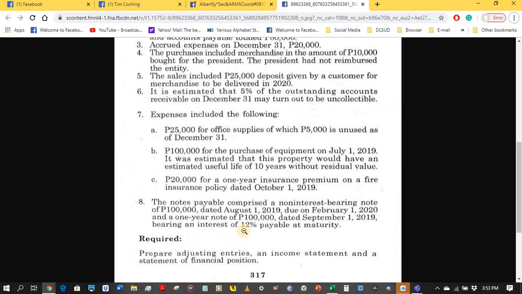So, since yung 12% na note starts on September 1, 2019 at 1 year yun, yun ay 4 months. So, mag-a-accrue tayo ng 4 months na interest para dun sa interest-bearing note.